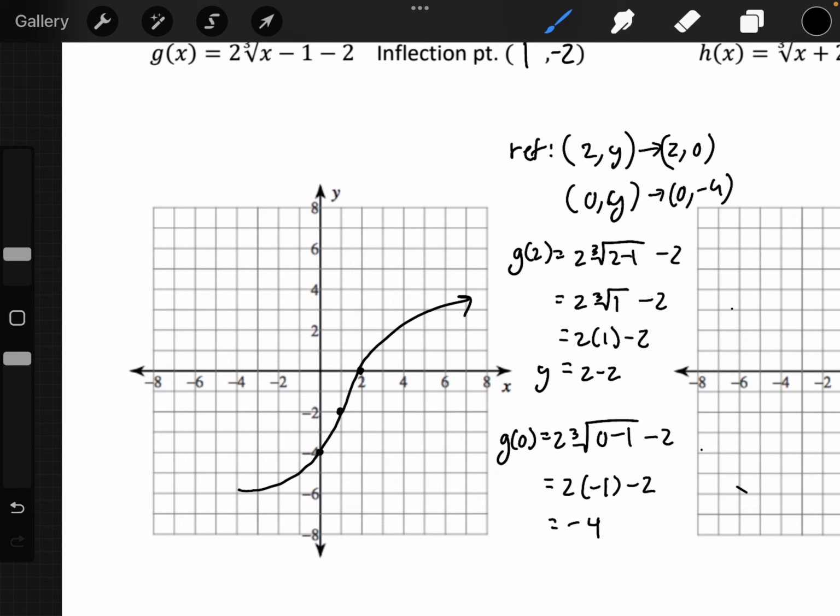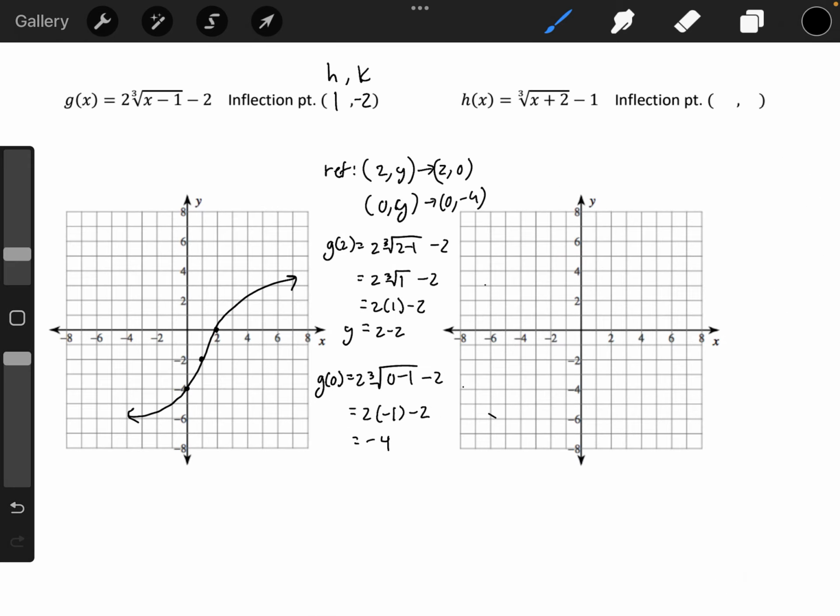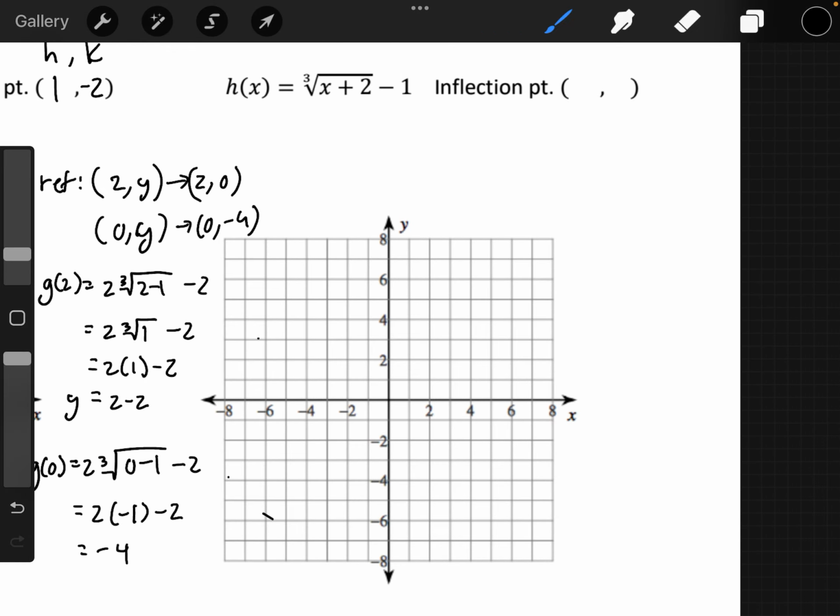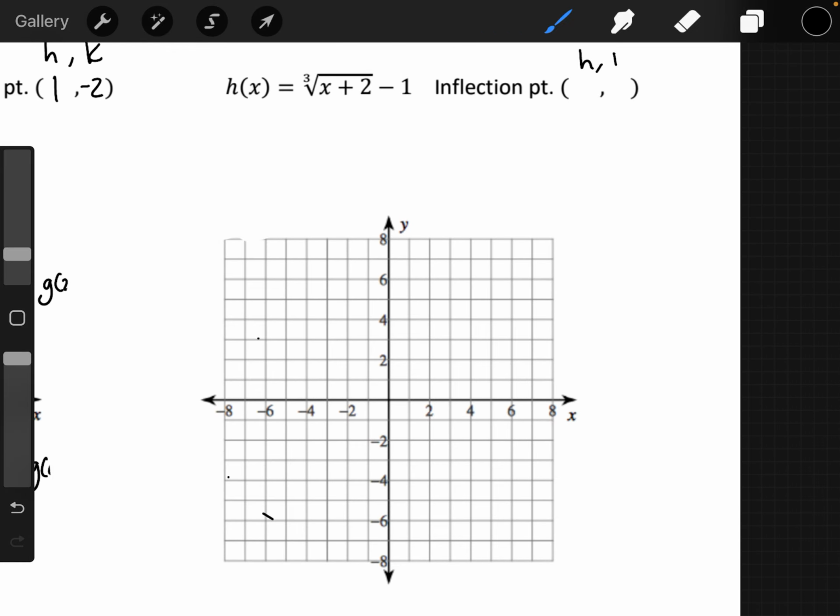So now we can graph this function. For this next example, we'll write our inflection point, which is h, k. K is negative 1, h is negative 2. So plot at negative 2, negative 1. And we'll use the reference points of -3 and -1.